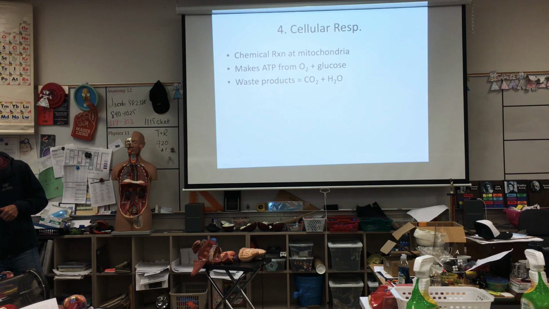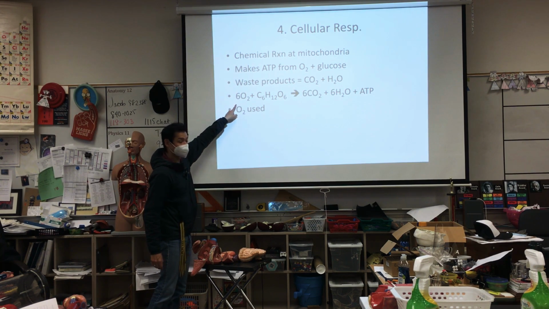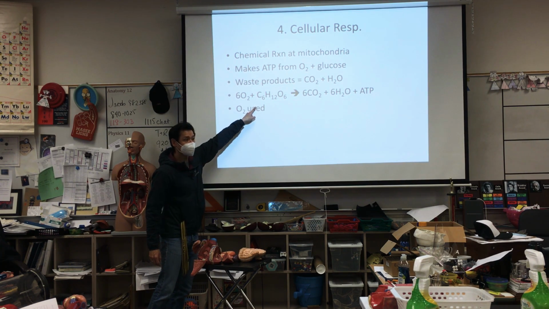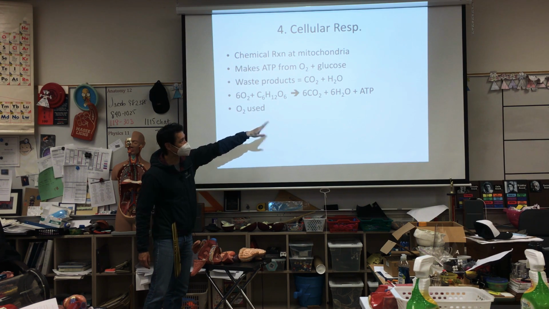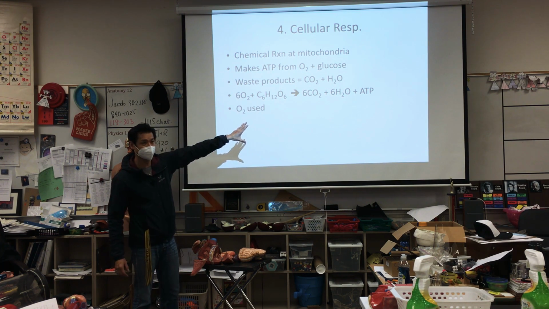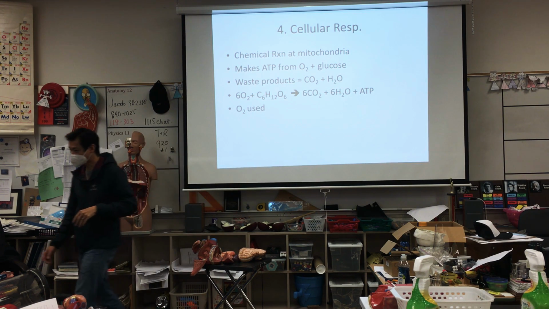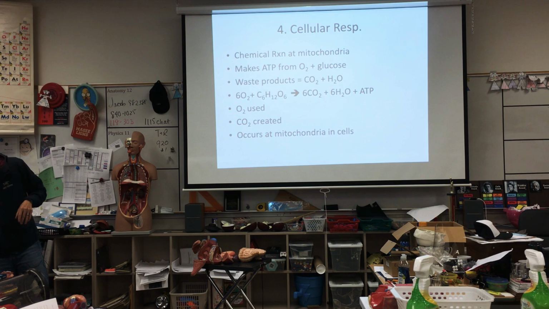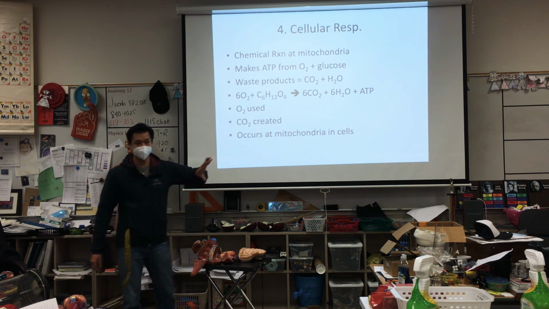Cellular respiration happens at the cellular level, and this is where we use oxygen from breathing and glucose from digestion at the mitochondria to turn it into ATP, around 36 to 38 ATP, and the byproducts are CO2 and water. Okay? And that stuff is waste. You may remember the steps.